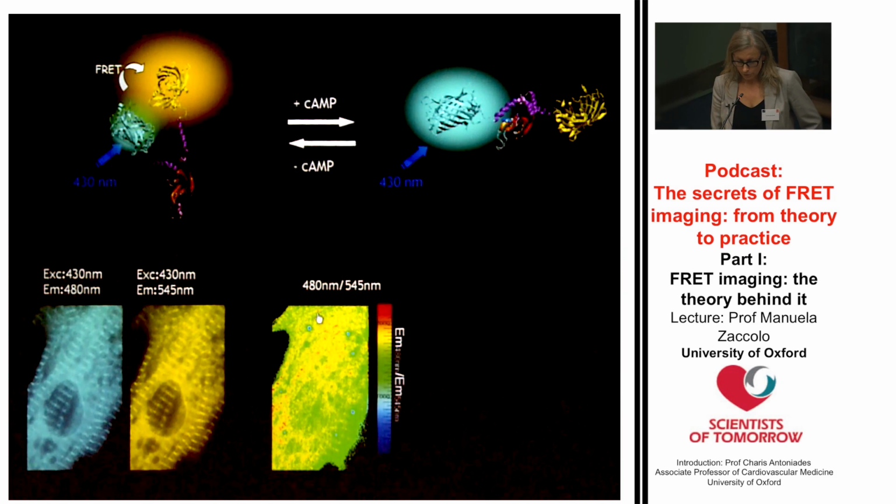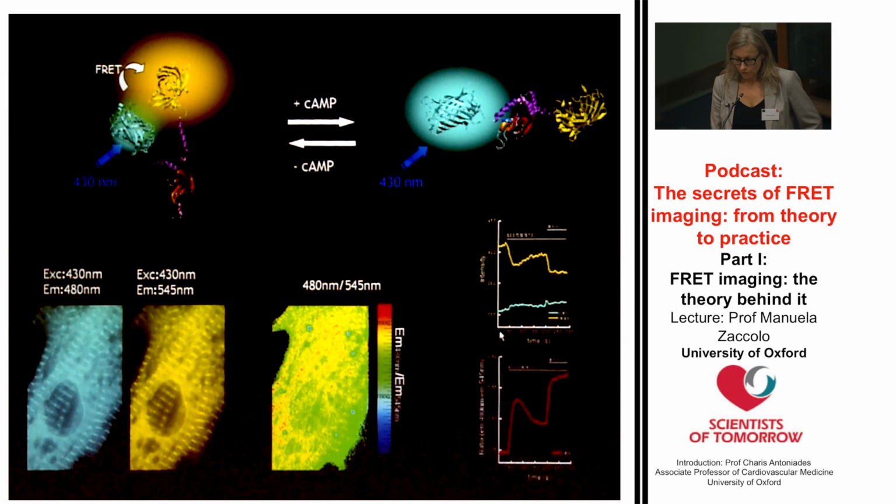We can then draw an area of interest on the cell, and we can monitor over time the changes in fluorescence intensity in the two channels. This is the yellow channel, and this is the cyan channel. Of course, at the same time, you can measure over time how the ratio between these two intensities changes. This is the readout of the change in the intracellular concentration of cyclic AMP in real time.